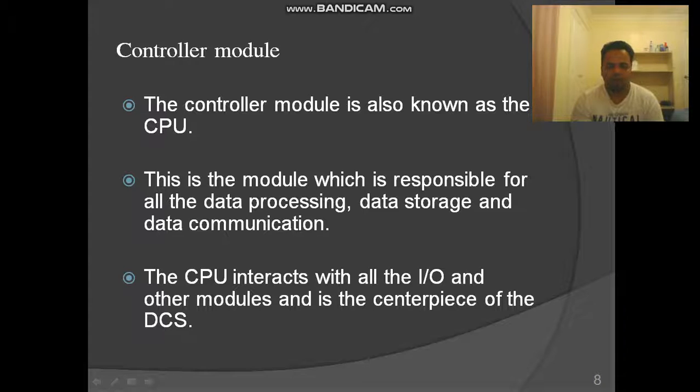The controller module is basically a simple CPU. The main part of a CPU is the processor, as we all know. So the main part of the DCS is the microprocessor, and all the commands going to and from the field devices are under the responsibility of the DCS. That's why it's a really effective system, highly efficient, and we can monitor and supervise through it.